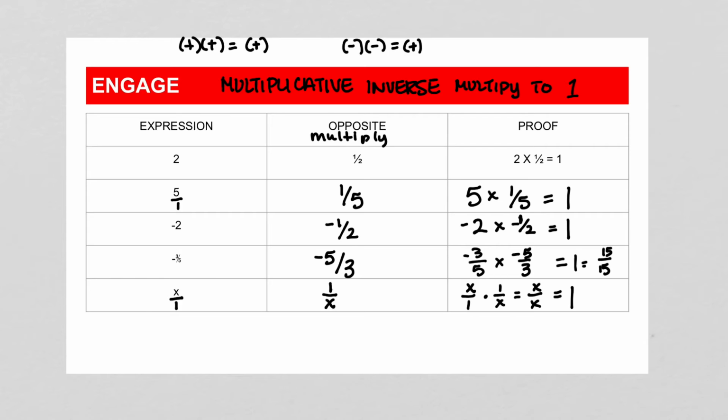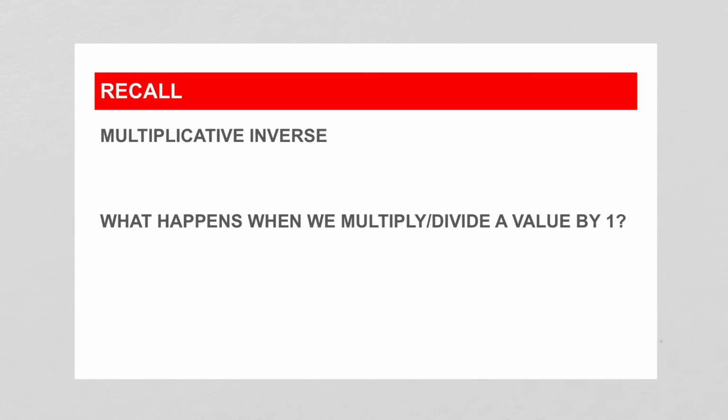So what did that help us recall? The multiplicative inverse. Sometimes we call it the reciprocal. You might have heard it called the flip. Well, what we do is it multiplies with the original number, multiplies to make 1.